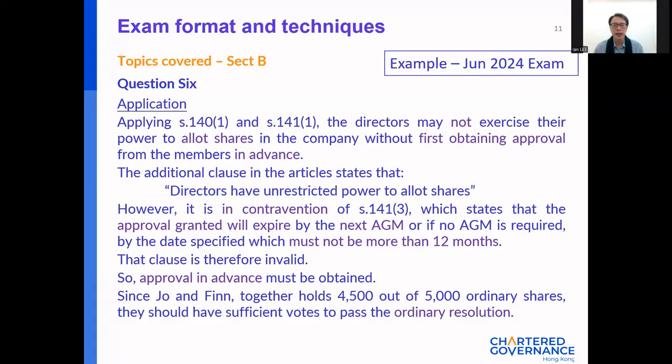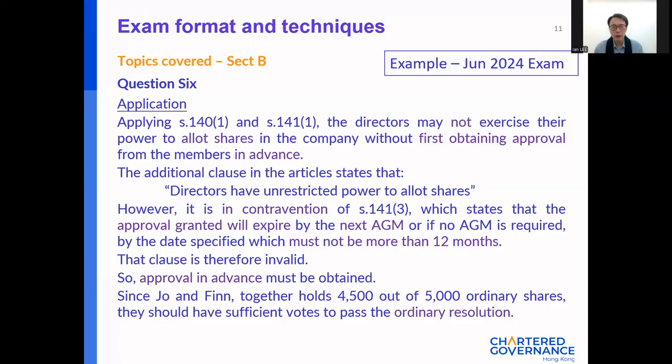The additional clause in the articles states that directors have unrestricted power to allot shares. So you would want to ask the question, is it possible with this additional clause that directors do not need to ask for approval when they allot shares because they already have the approval in the articles? The answer is no. Why?